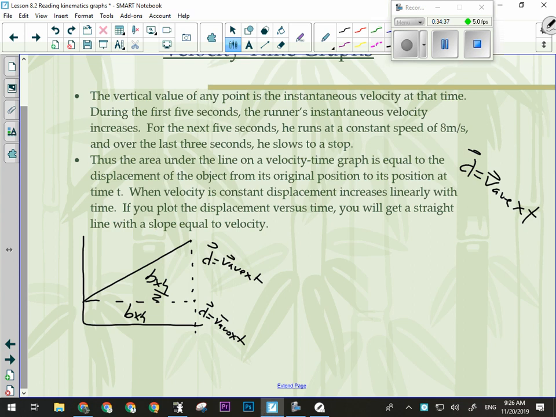Okay, the other thing we need to remember, and it's not on here, is that acceleration equals the slope.